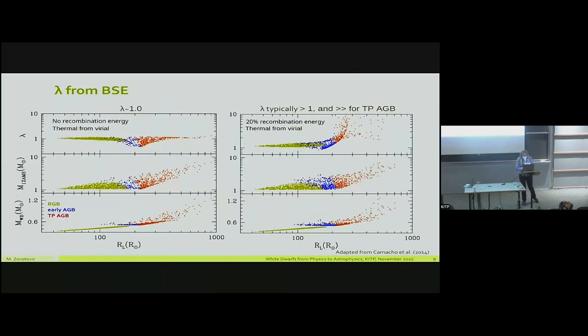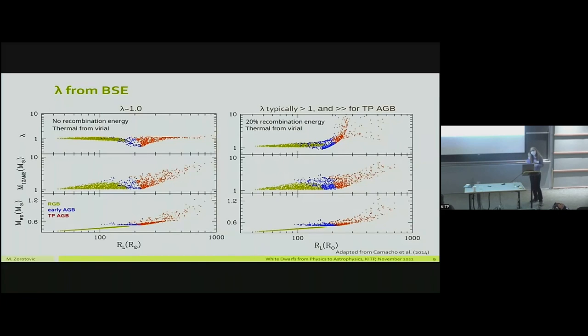If you look at the calculations of lambda with and without recombination energy, the values without recombination energy, but with the virial theorem for the thermal energy, which is what BSE includes, look like lambda more or less 1. But if you include a fraction of recombination energy, then especially in the thermally pulsating AGB phase, the progenitors of massive white dwarfs, lambda goes to very high values, so basically the envelope is really not very well bound, so it's much easier to expel it if you include it.